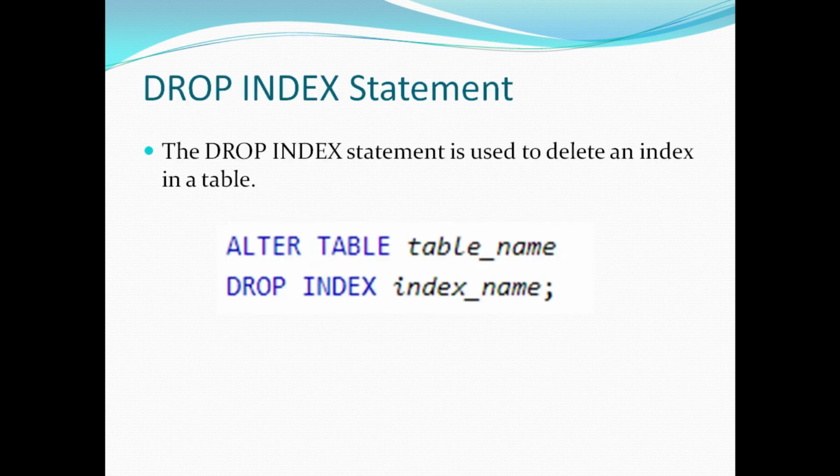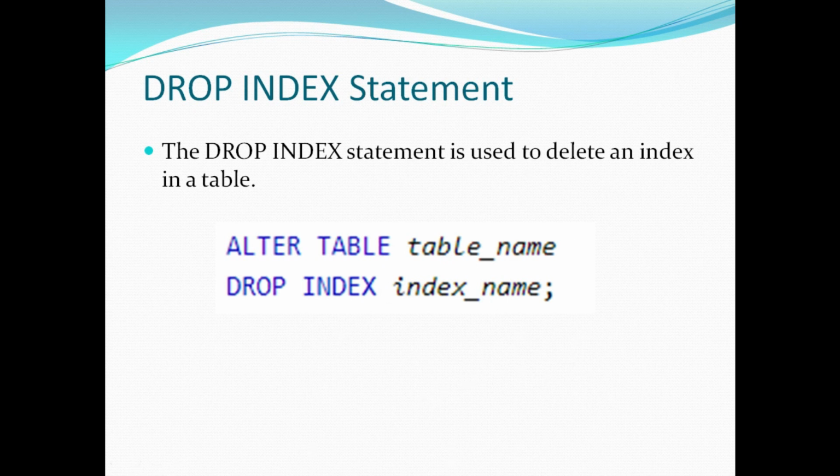So at last I will show you how you can drop an index. The drop index statement is used to delete an index in a table. Okay, the alter table command, the table name, and the drop index and the index name. So through this command or query you can drop your index.